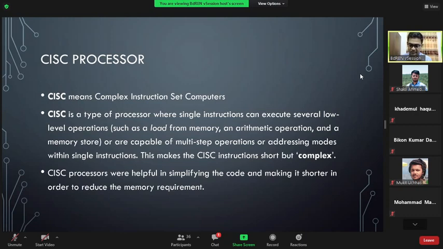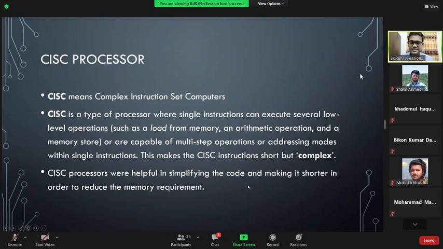Whenever you write a line of code, it's actually a combination of several low-level codes, like arithmetic operations and memory operations. So that's why it's called complex: just one line of code represents so many other low-level instructions, or operations.